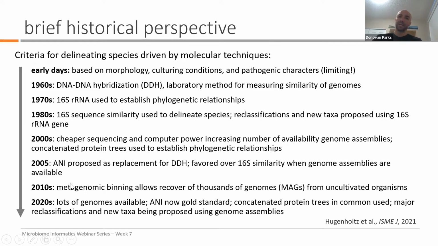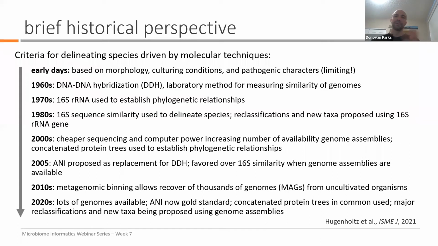But that starts to change in the 2010s, where we now have MAGs and much reduced sequencing costs. So we're getting lots of isolate genomes and all these MAGs from environmental samples, which pretty much brings us to today, where we have enough genomes that at least myself would argue that we can start building a taxonomy off of full genome sequences.